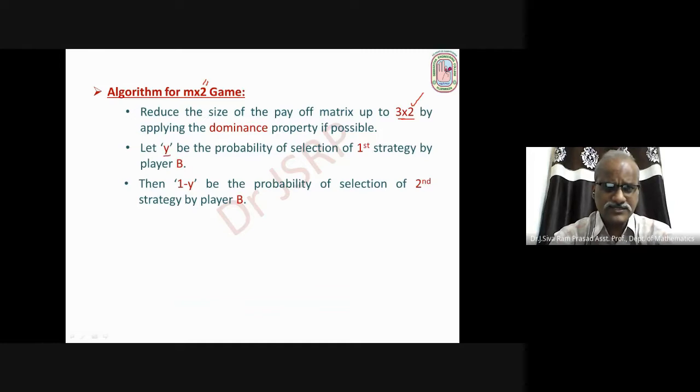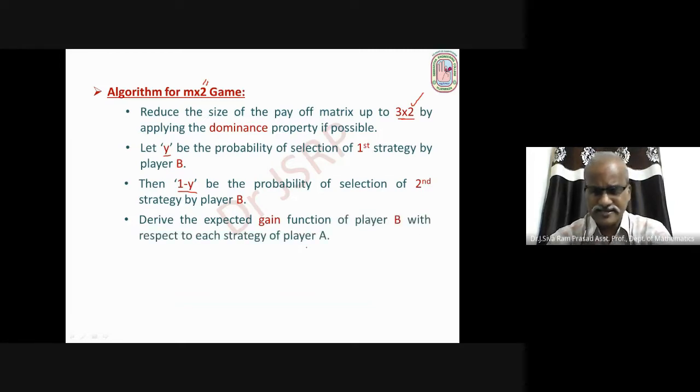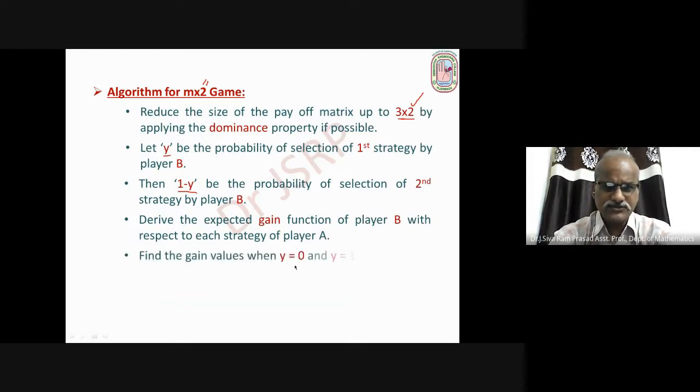Once we know the probabilities of selection of strategies for a player, we can calculate the expected gain functions and gain values. So derive the expected gain function of player B with respect to each strategy of player A. To draw the graph, we require the gain values when y equals 0 and y equals 1.